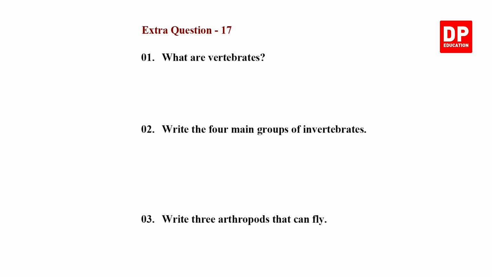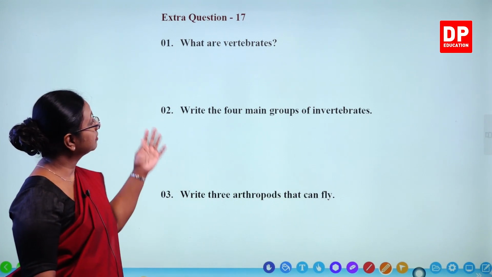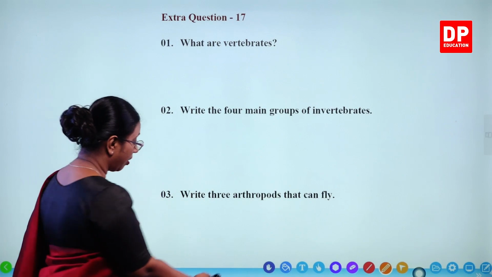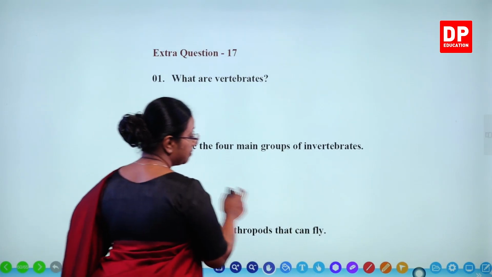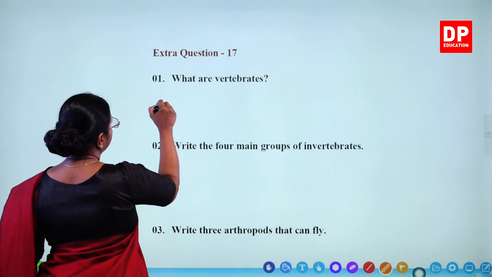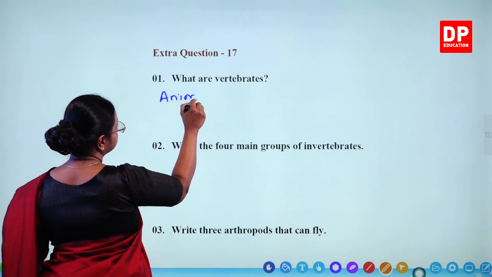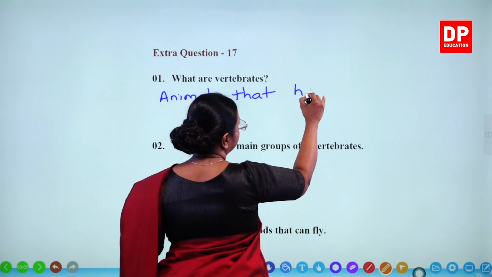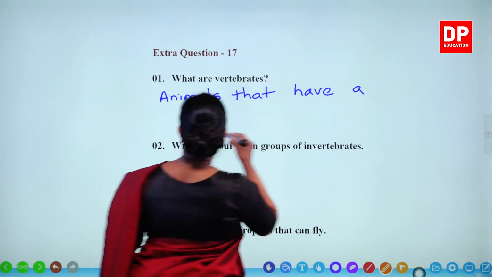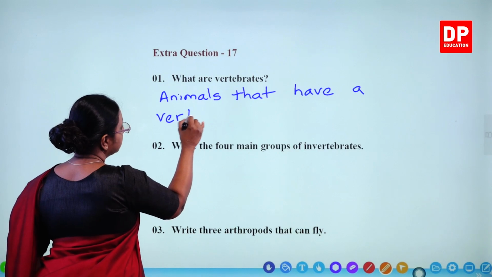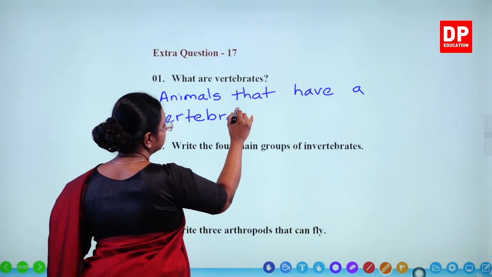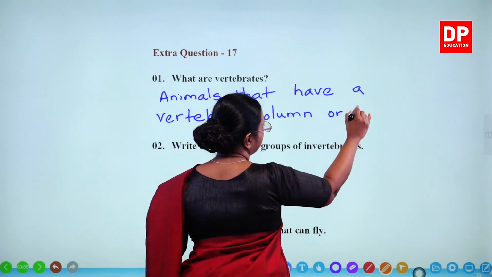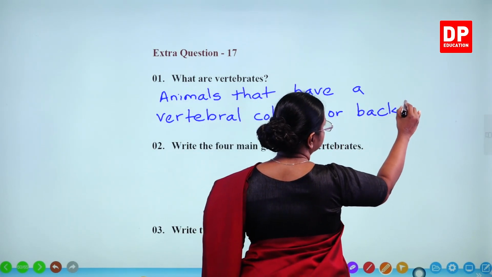Extra question 17. What are vertebrates? Animals that have a vertebral column or they possess a backbone. Animals that have a vertebral column or you can say backbone.